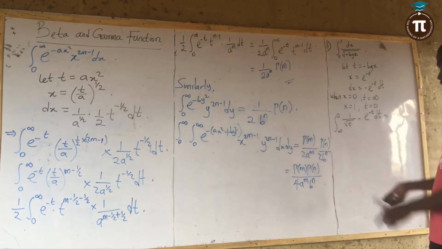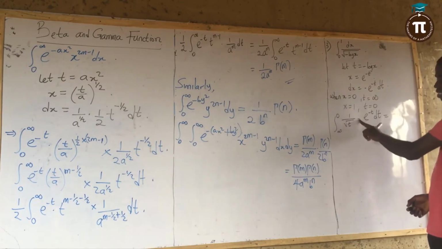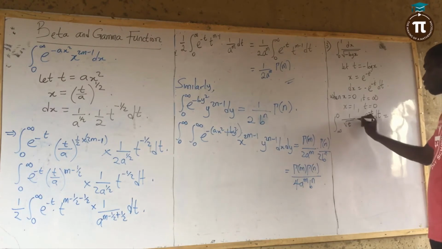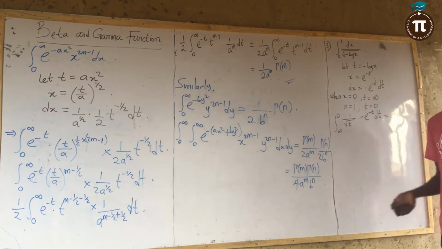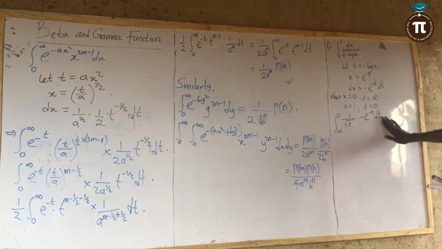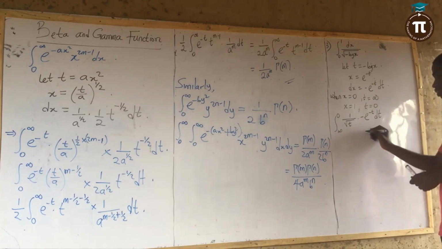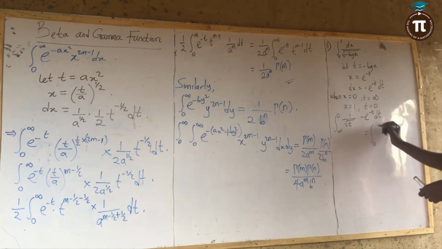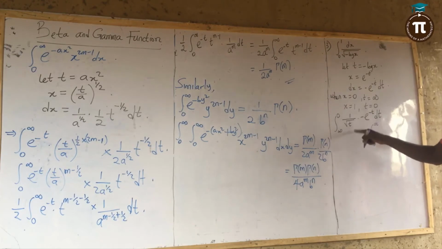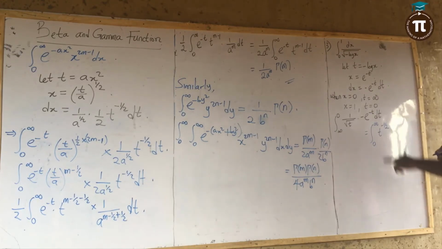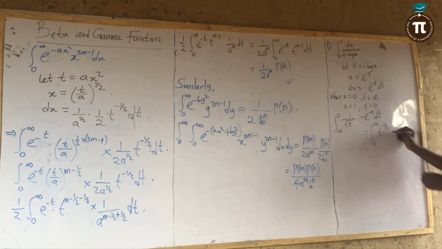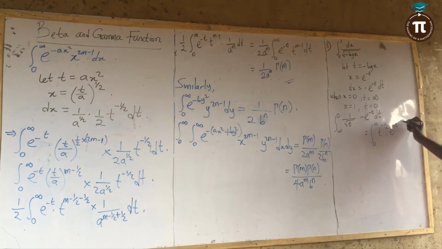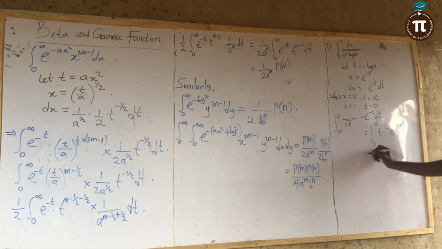So put negative outside to swap the integral. The negative times this negative number will give me positive. So this one is still the same thing as integral from 0 to infinity. This 1 over root t is t raised to the power of minus 1 over 2. T raised to the power of minus 1 over 2 e raised to the power minus t dt.